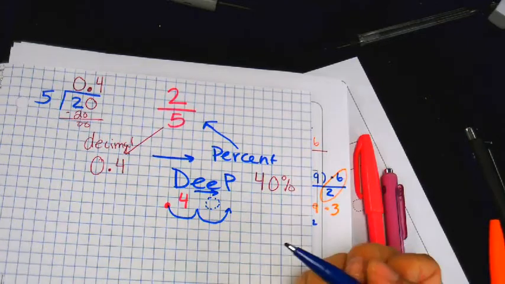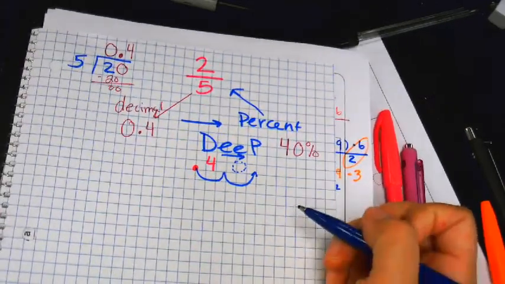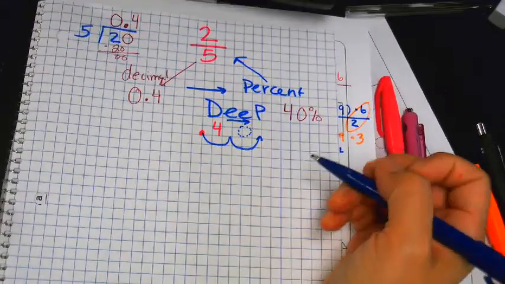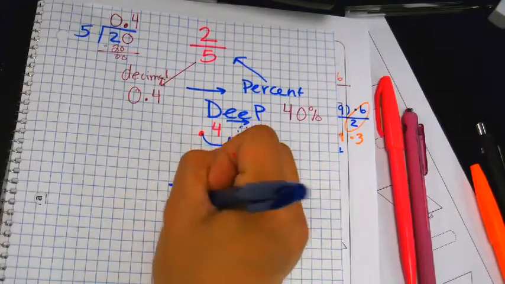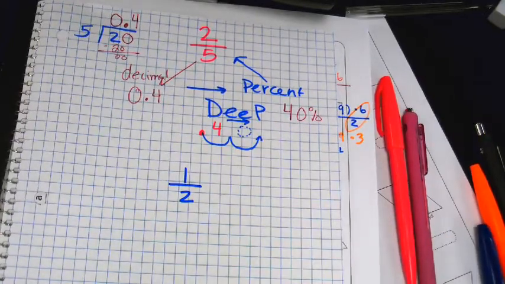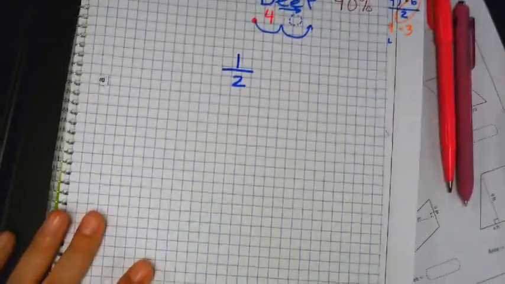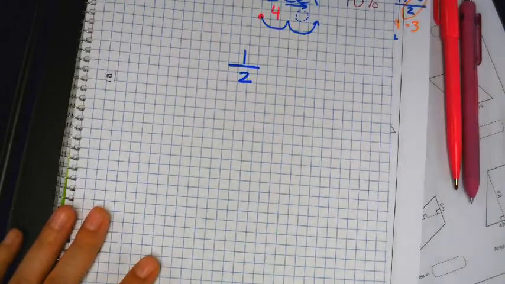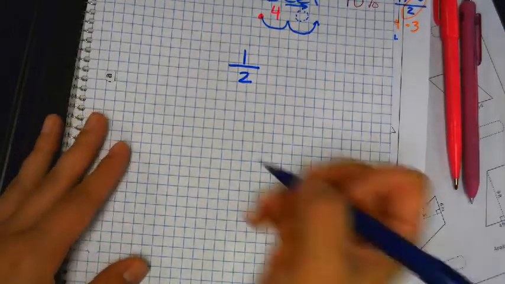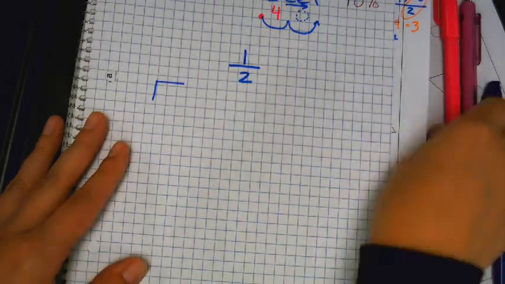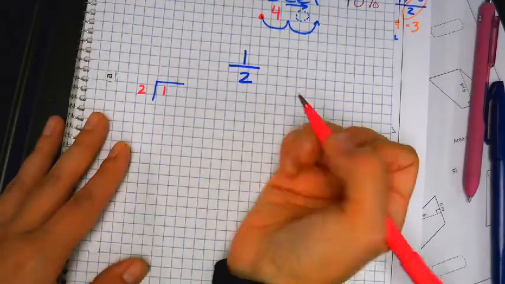All right, let's do a really hard one. Are you guys ready for a really hard one? 1/2. Now, should you know the decimal of 1/2? Yes. What is the decimal of 1/2 without doing any work? If you don't know, you should know. So I have 1 and 2, so we're going to do long division.